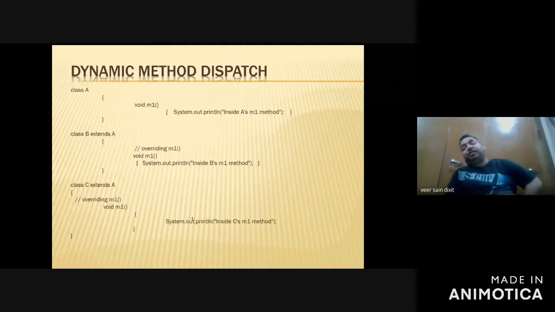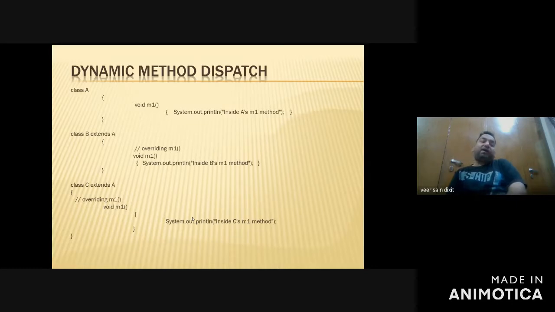Now let's see this concept with the help of an example: dynamic method dispatch. We have created a superclass named A, in which there is a method M1. The return type of this method is void, and in the body of this method we are just printing a message inside the M1 method.